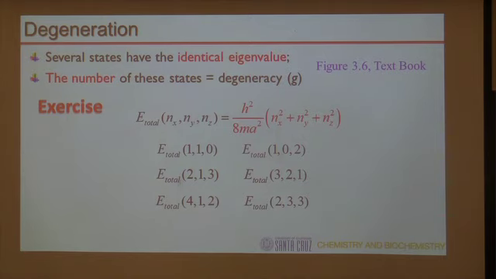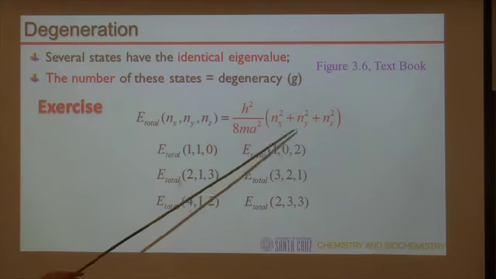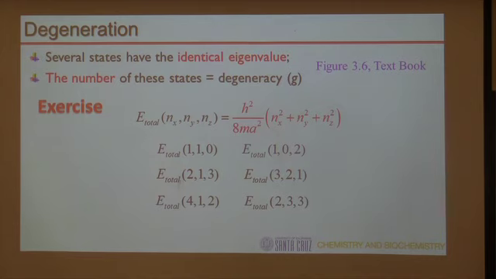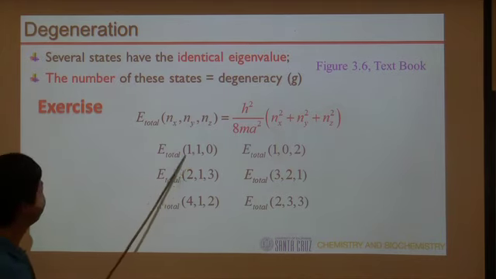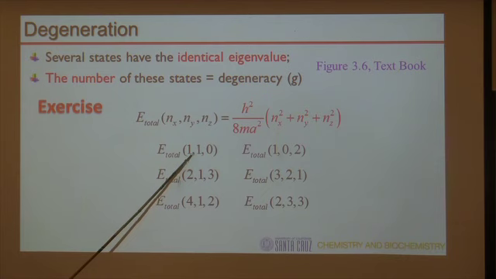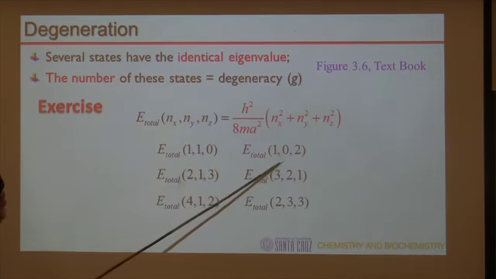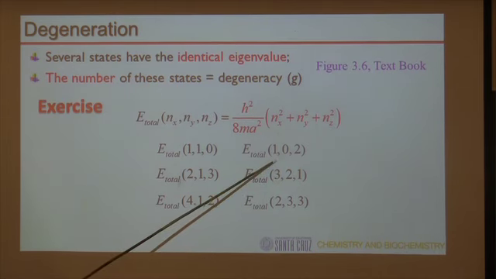This one is smaller than this one. But how could you tell which one is higher? You plug in the numbers. The first one will give you 2, so 1 squared plus 1 squared plus 0 squared equals 2. This one will give you 5. So this one will be higher, right?